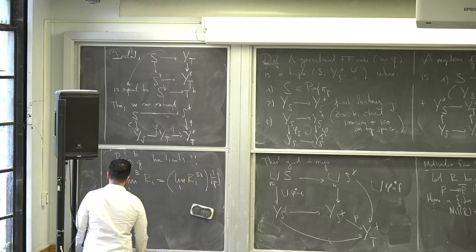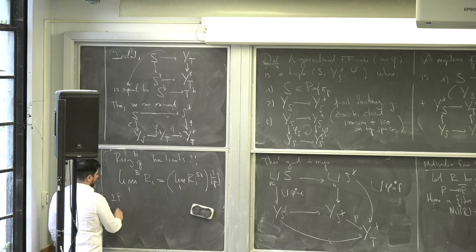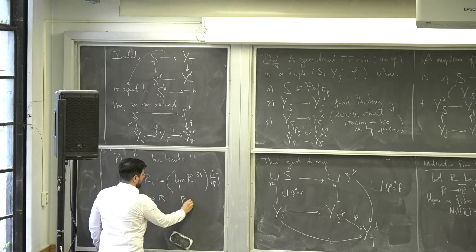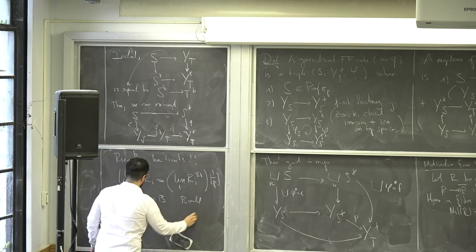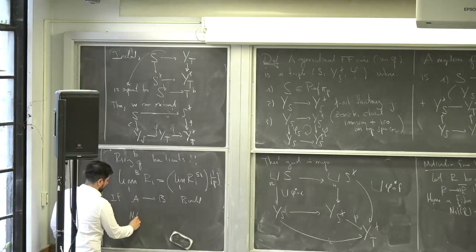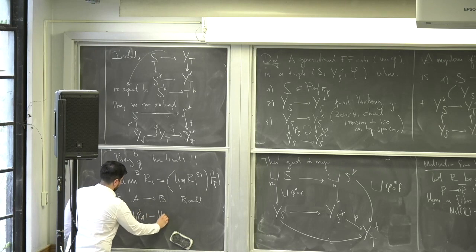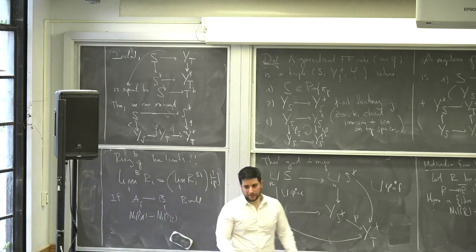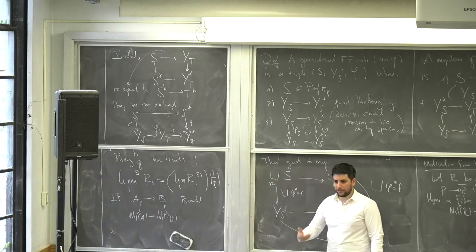What else? If you have a map of bounded rings, and the nil radical of A is going to land in the nil radical of B. So it may not be true that the nil radical of a colimit is the colimit of nil radicals.